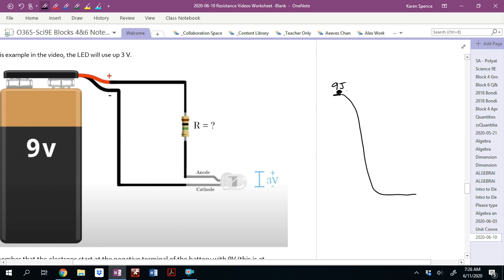If it rolls down the hill, it must lose 9 joules of energy to get to 0 joules at the bottom. If it can only drop 3 volts over this LED, how much voltage is dropped over the resistor? It has to be whatever's left over, so it has to be 6 volts.